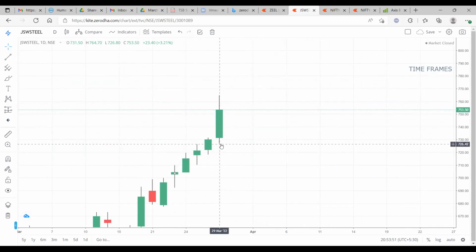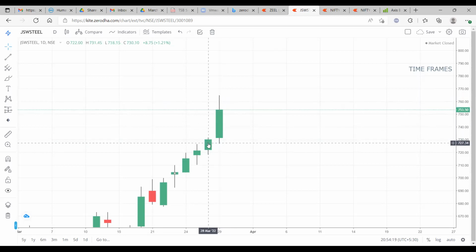Now, from what point is this? 726 to 765. 40 rupees or 40 points fluctuation has been made by the JSW Steel for today, which is 29th March. That is the meaning of this. That is how the candle formation is.